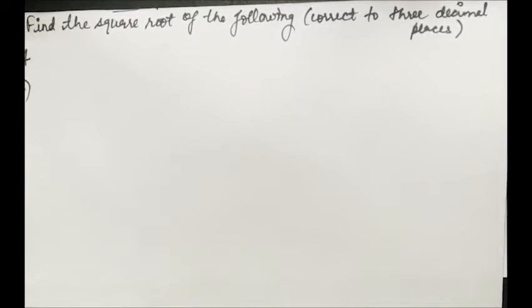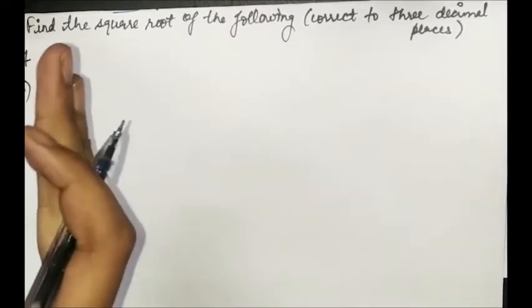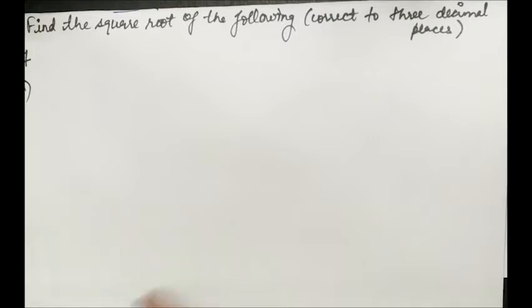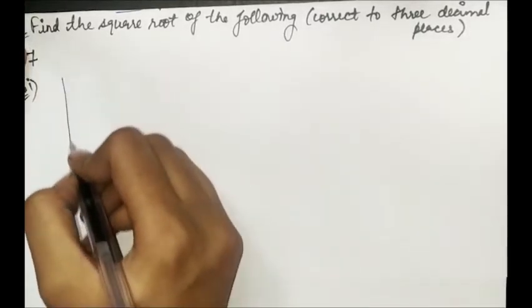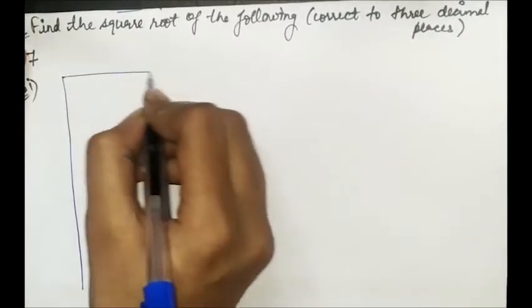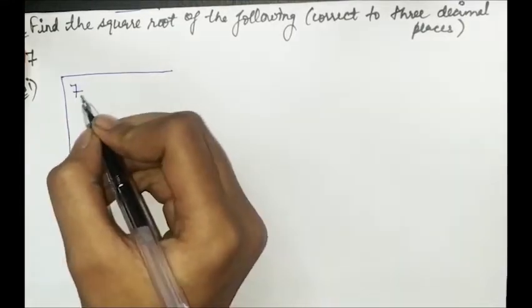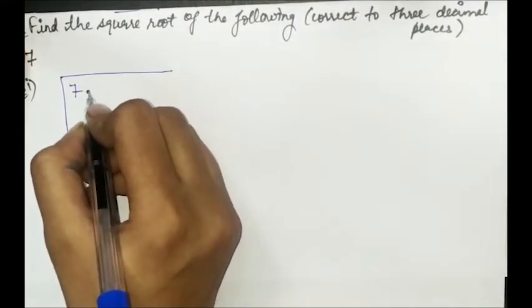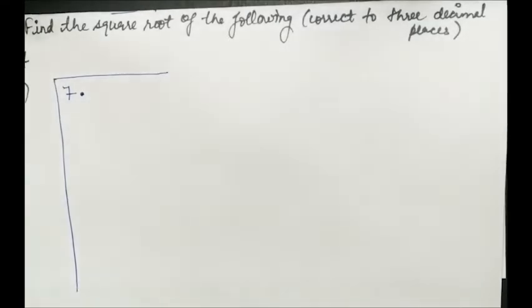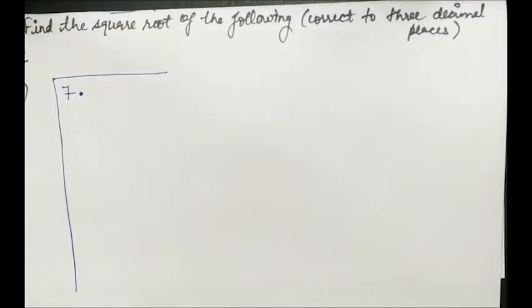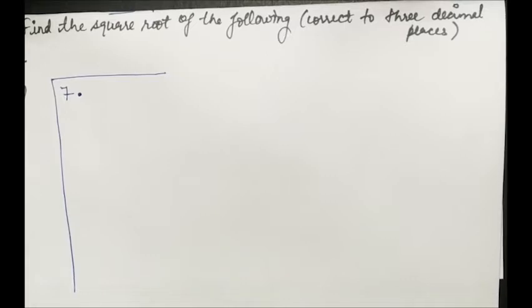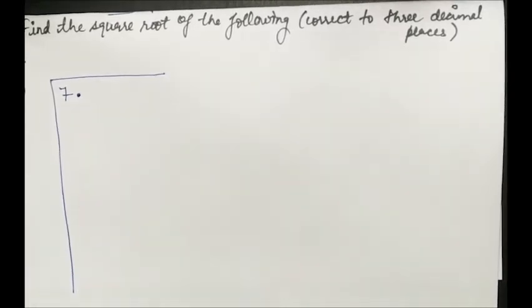So how to do that? First you have to do the square root of 7 only, by long division method. So 7. Now you will be wondering that there is only 7, how to make the other pairs? You just have to put a decimal here and put zeros, but there should be 4 pairs of zeros.